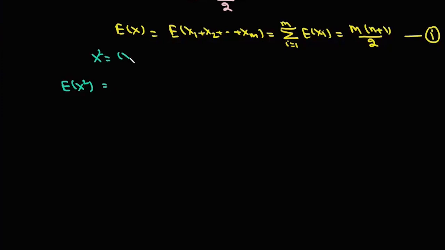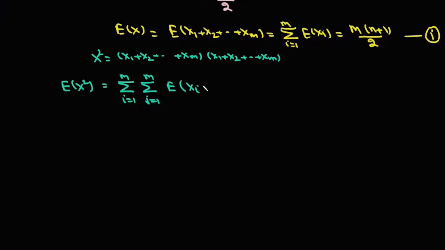X square is this (X1 plus X2 plus Xm) into (X1 plus X2 plus Xm). So basically we can also write this as summation i varies from 1 to m, summation j varies from 1 to m, expectation of Xi into Xj, basically expectation of this product.